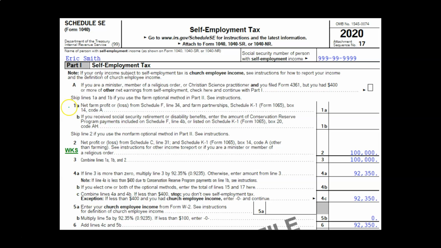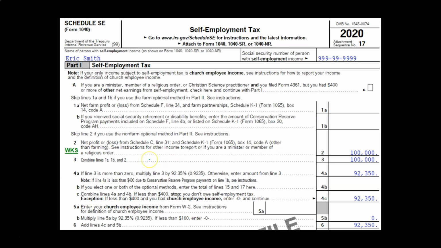And then we have the net farm profits, so we're going to skip down to line 2, because this is a normal business. Skip line 2 if you use the non-farm optional method in Part 2. So we have line 2 here: net profit or loss from Schedule C, line 31, and Schedule K-1, box 14, code A. So there's our $100,000 pulling in from the bottom line of the Schedule C. It could flow through from another entity if it's still subject to self-employment, possibly a partnership or something like that.